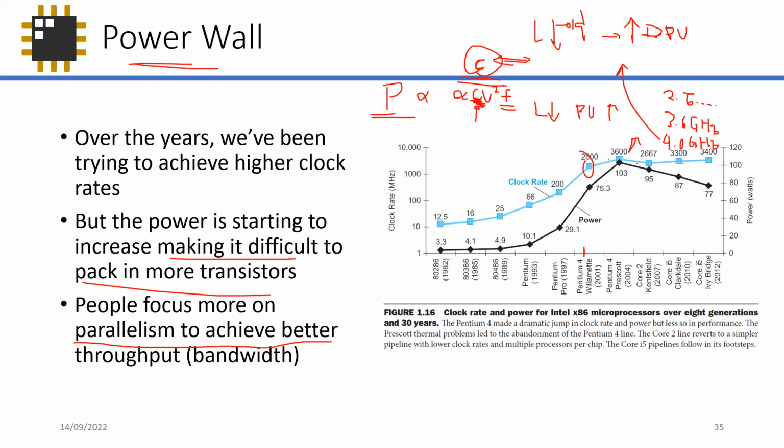And then you get even more benefits, because for the amount of power that you're spending, you get more data processing, more parallelism or throughput. So that's the power wall scenario that we're trying to solve today.